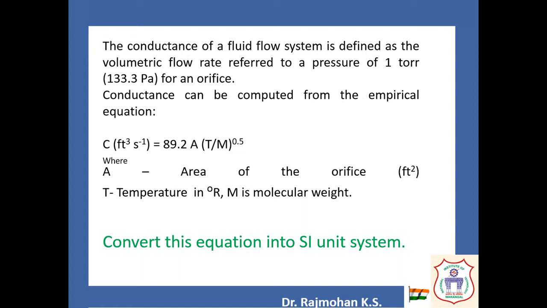So the C has a unit of feet cube per second, where A is area of the orifice in feet square, T is temperature of the fluid in degree Rankins, M is the molecular weight of the fluid, it can be kg per kilomole.